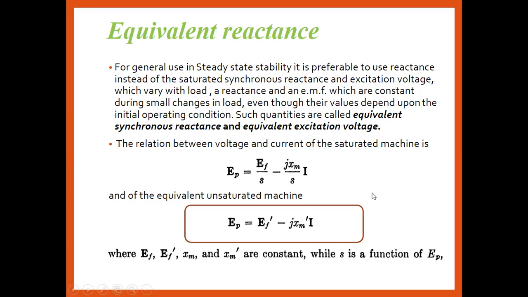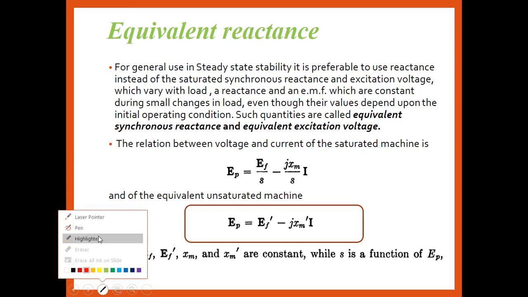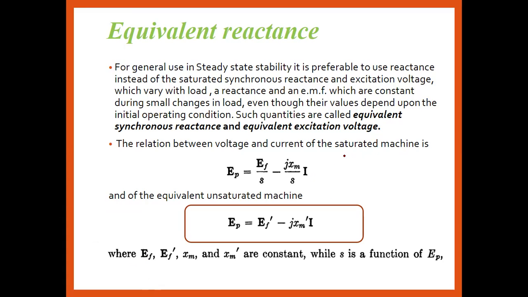The relation between the voltage and the current of the saturated machine is given by EP equal to EF upon S, where S is the saturation factor, minus jXM upon S into I, the field parameter, and EP is the Potier excitation voltage.